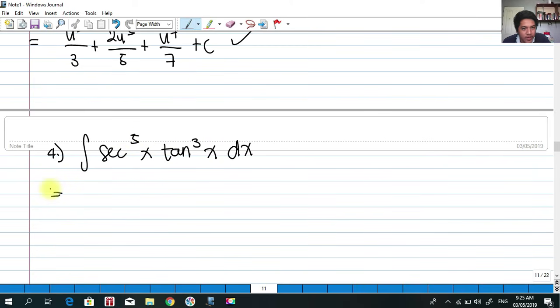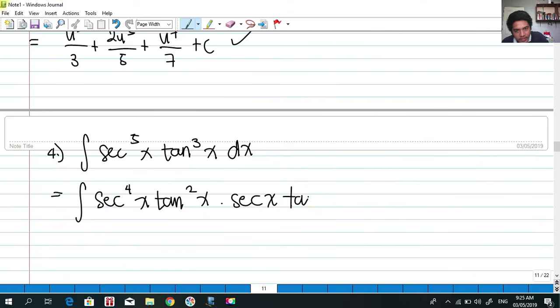So we have to find a way to strip off one of them or maybe both of them. So I have to strip off one from one of them. Okay, secant raised to 4 of x tangent squared of x, and that is multiplied by secant of x tangent x, dx. Okay, so I've done that.